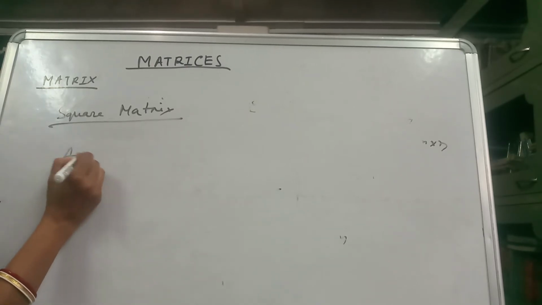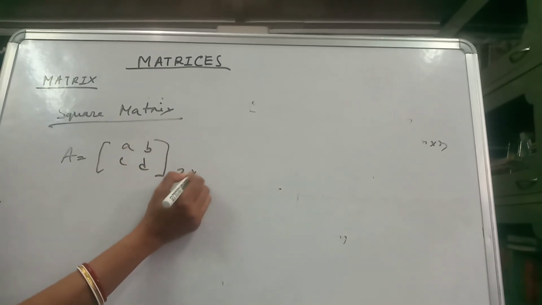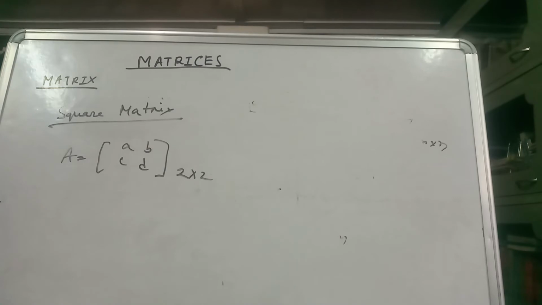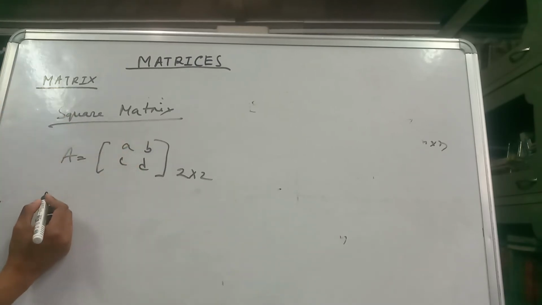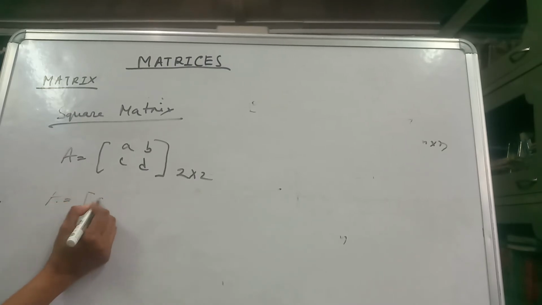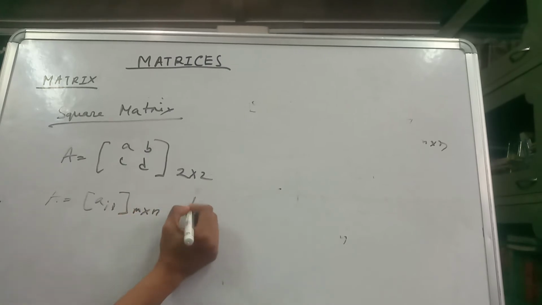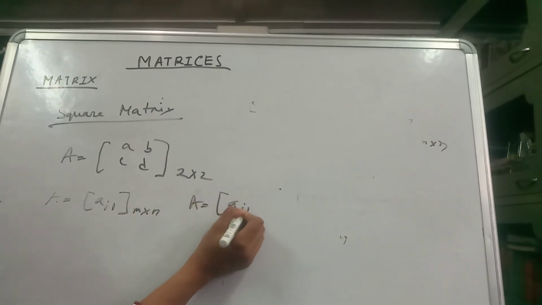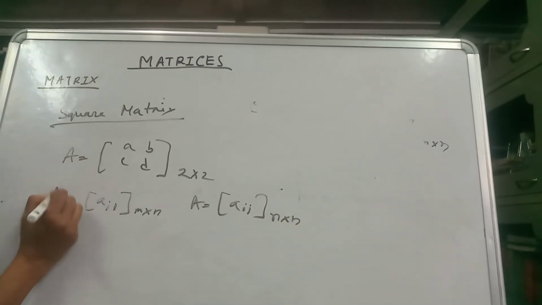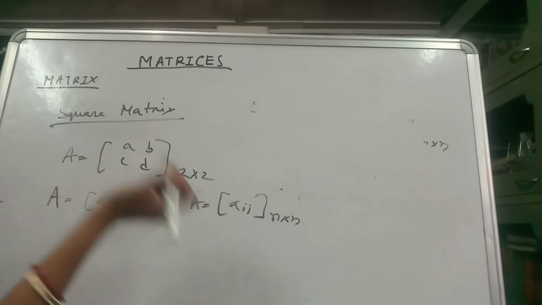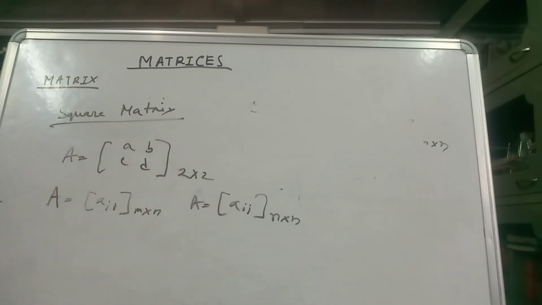Suppose there is a matrix A equal to a, b, c, d, of order 2 cross 2. Here the number of rows is 2 and the number of columns is also 2, and symbolically we can write this as A equal to aij, where m cross n, or A equal to aij, where n cross n. Here you see the number of rows and number of columns are equal.